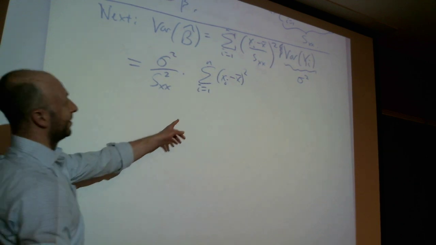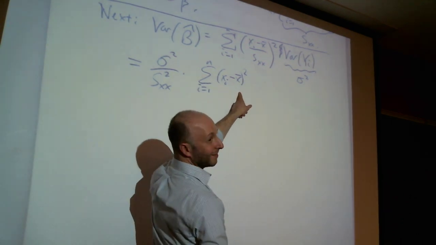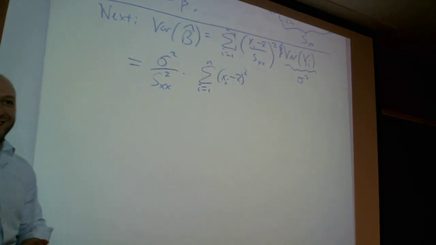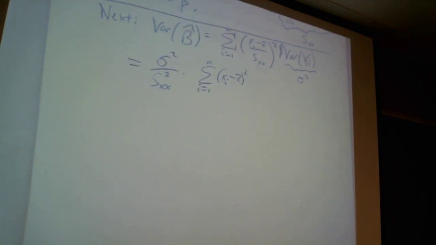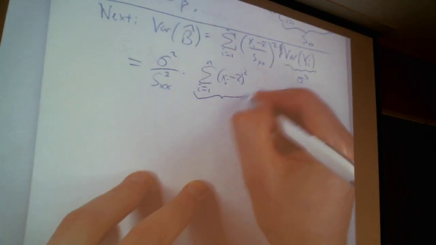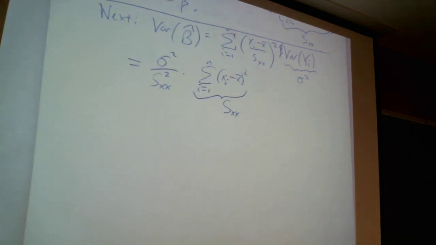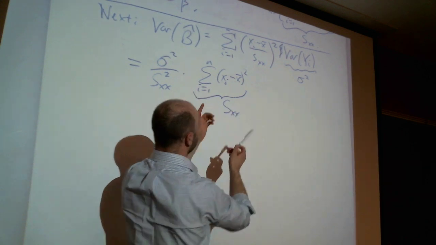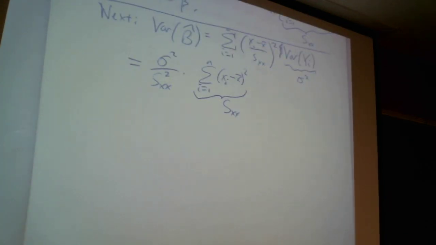What is this? It's sxx, the very definition of sxx. The covariance of x with itself, in other words, the variance of x, unnormalized.